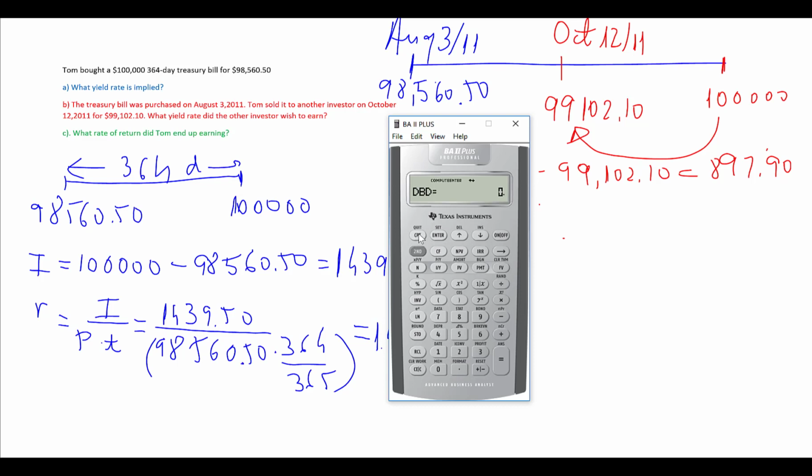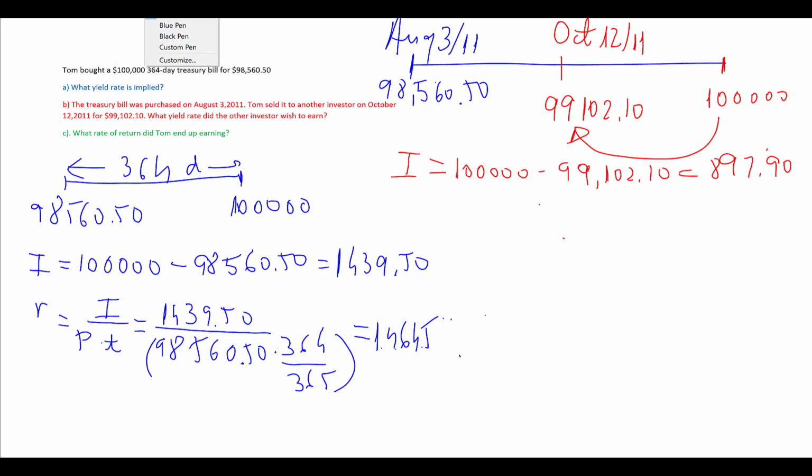Arrow down, we compute the number of days between dates. So we have 70 days between August the 3rd and October the 12th. Between October the 12th and the maturity date, we have the remainder up to 364. So 364 minus 70, we have 294 days.